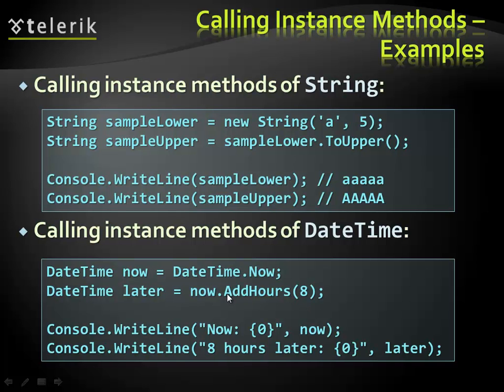So it creates a new object. Yes, AddHours returns an instance. If you do just now.AddHours, you keep nothing, right? Yeah, it will run the code in the method, but the return value will go nowhere.